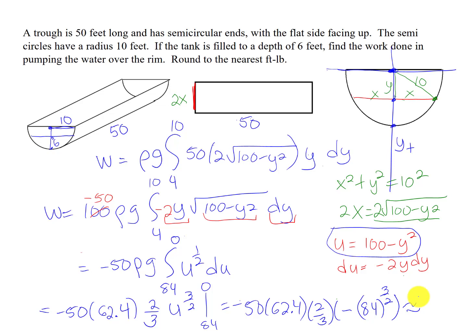So let's go ahead and put that in the calculator, and it looks like we get, trying to figure out where to put it, I'm going to go ahead and put it up here in my representative slice. 1,601,335 to the nearest foot-pounds of work.